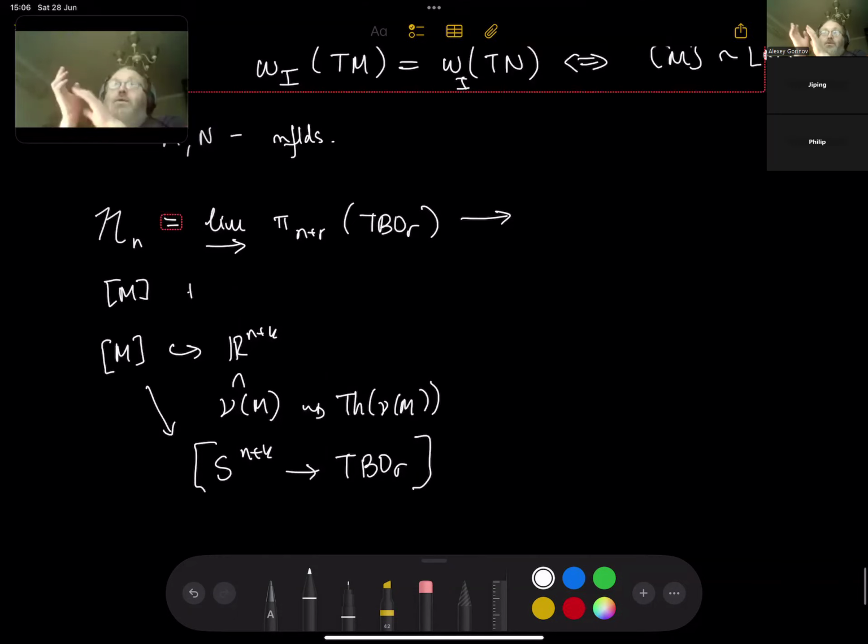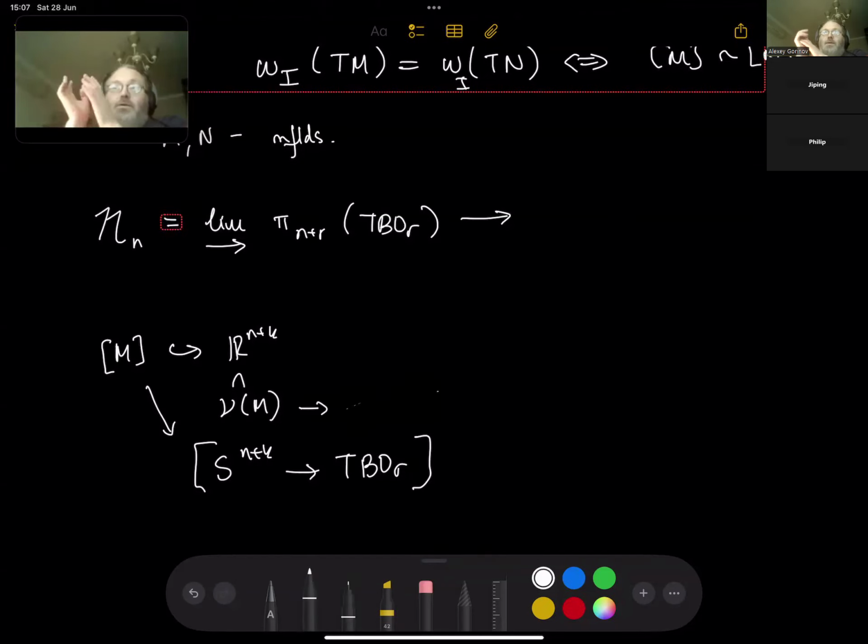So we have an M which sits in R^(n+K). Let's take the normal bundle. The normal bundle maps to BO_K.